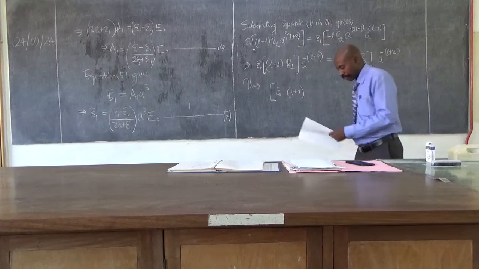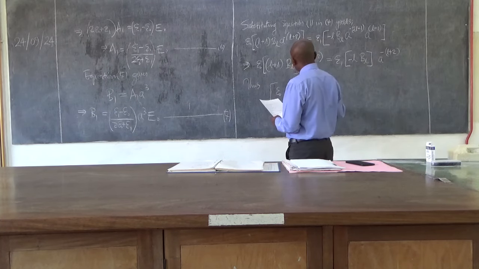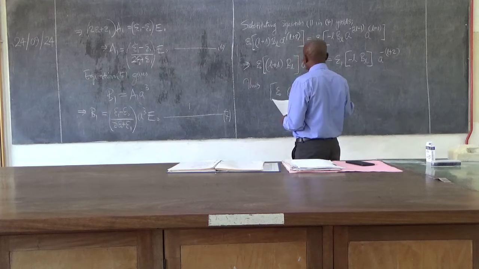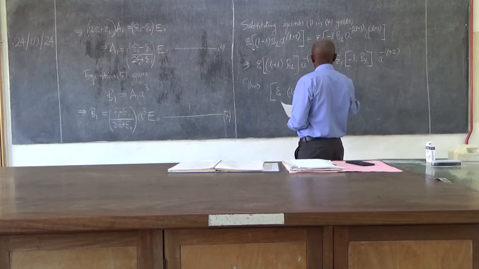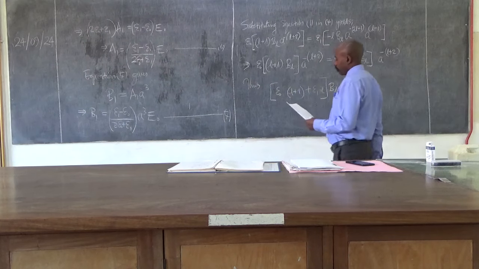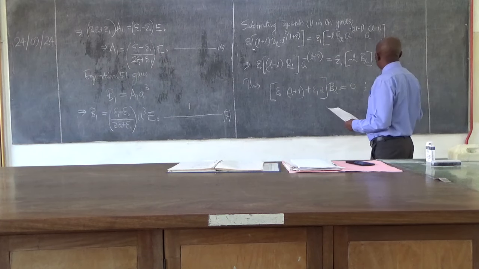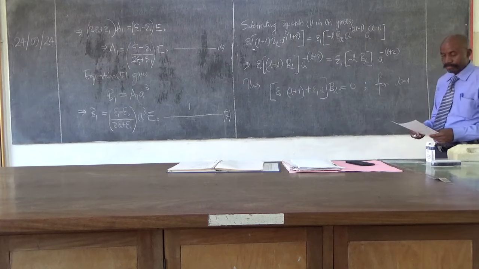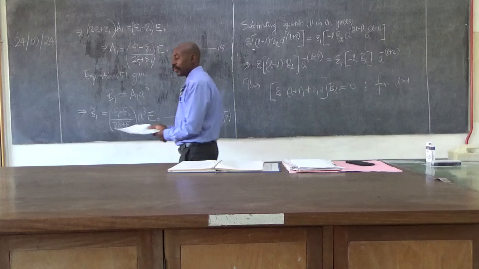Then plus epsilon 1 L into BL should equal to 0. This is for orders of the polynomials above 1. Same. What the hell is the problem?